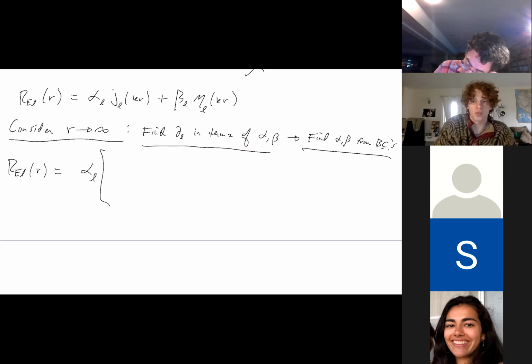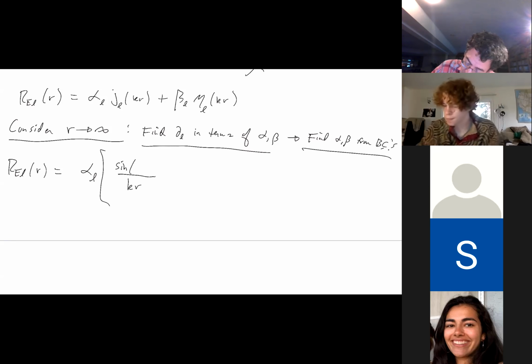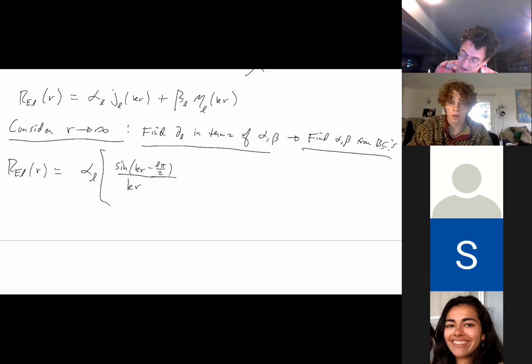Well, I'll remind you, on the bottom was KR, and what was on the top? Sine of KR? Exactly. And then there was this annoying little phase shift thingy, which is part of it. We'll just put it in there.